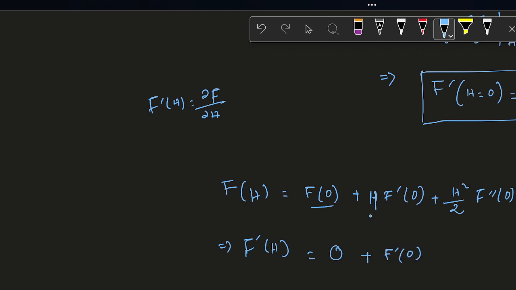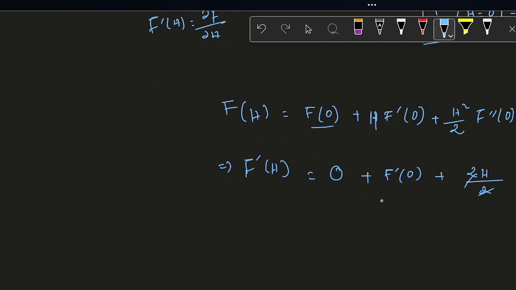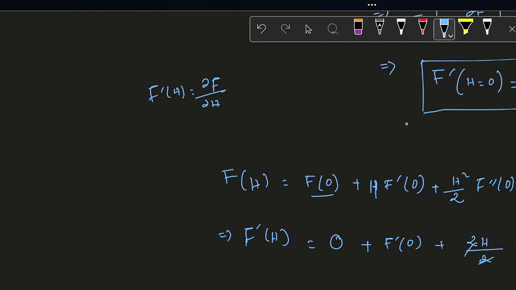And this is again 2h by 2 f double prime 0. Now you have achieved this condition that f prime 0 for a diamagnet is 0. So this term is already 0, right? So what you have left is f prime h is equal to h f double prime 0.